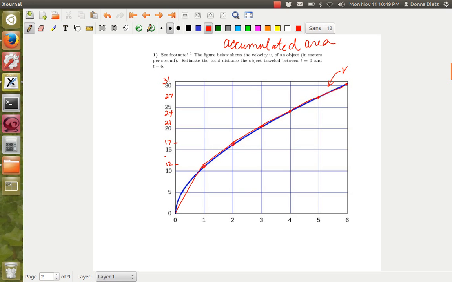Okay, so let's figure out what all this area is. Let's see, figure this out. Draw some triangles here. Okay, first one is a triangle. And let's see, change colors so we can see what we're doing a little better.